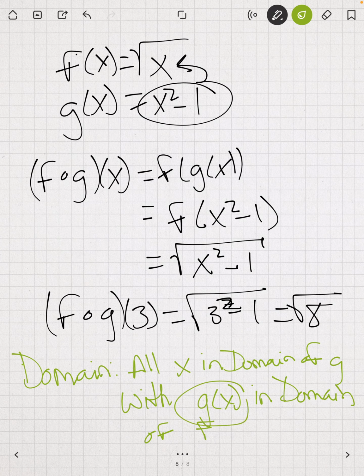And now g of x, our output, is often our y before we switch to function notation.